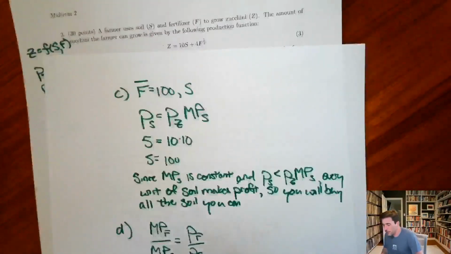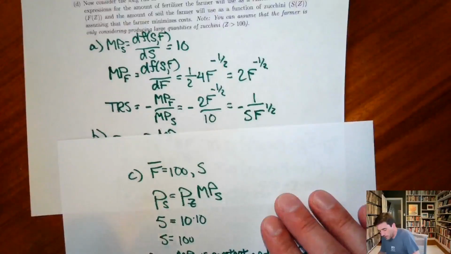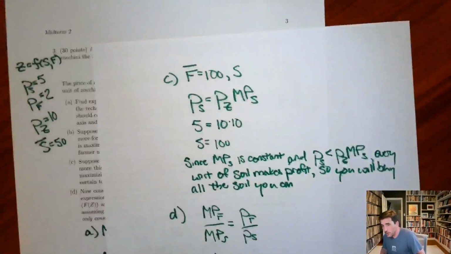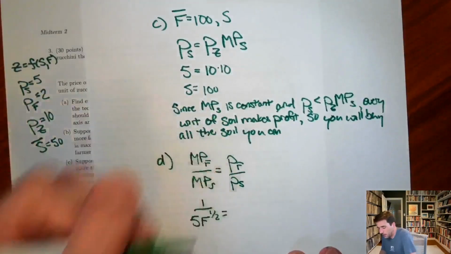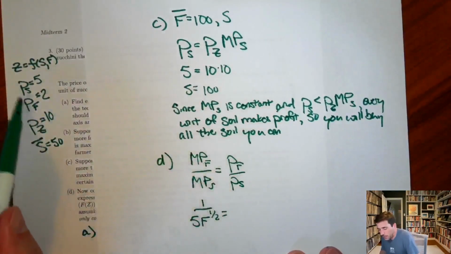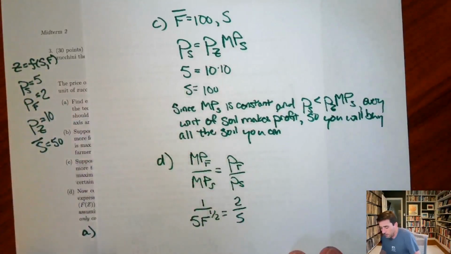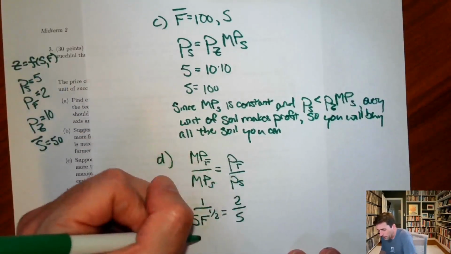So we already found the left-hand side way back in part A, right? So that was 1 over 5F to the 1/2, okay? As far as our right-hand side goes, well, here we can go back to our handy little set of prices over here. That's going to be PF over PS, so that's going to be 2 over 5. Okay? So simplifying this is going to be moving the 5 and the 1/2 over there.